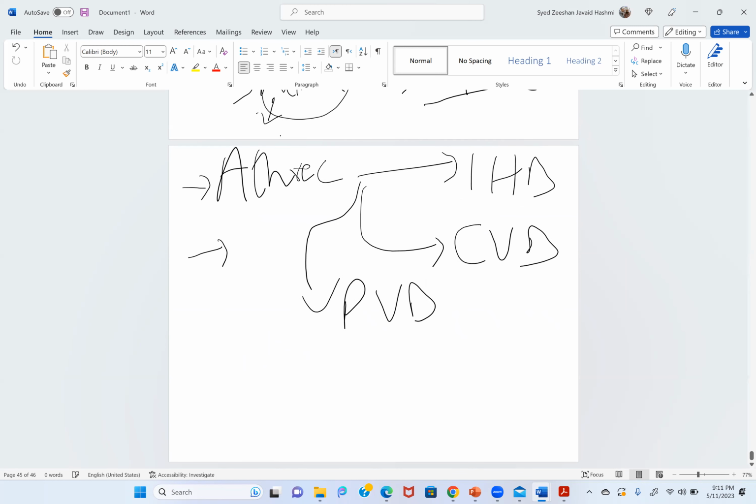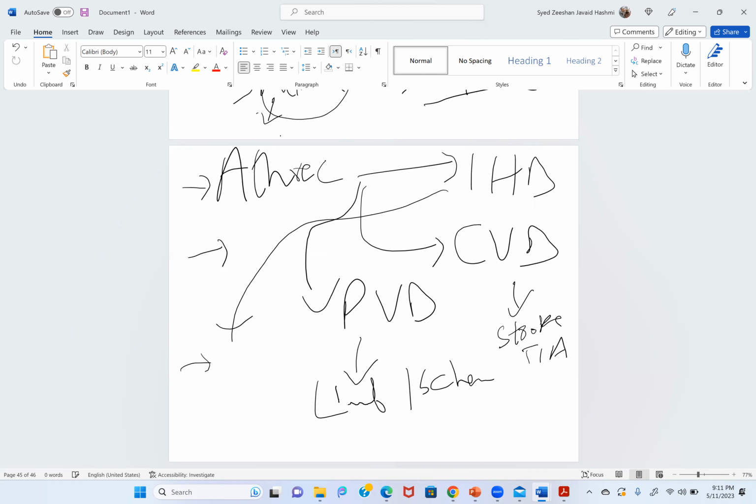Peripheral vascular disease will result in limb ischemia. Cerebrovascular disease will result in stroke or TIA, and ischemic heart disease will result in either arrhythmias, ischemia, infarction, or failure. Okay. That's how you have to tell them.